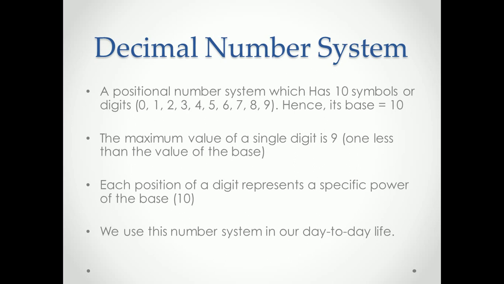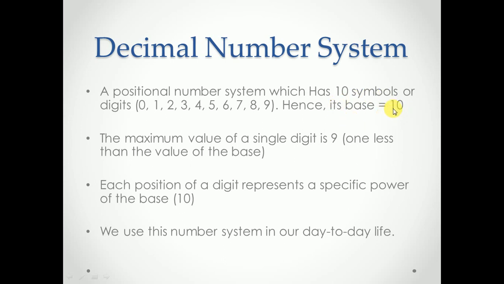First, we will see what the decimal number system is. We use it in our day-to-day life for writing numbers. It includes 10 symbols: 0, 1, 2, 3, 4, 5, 6, 7, 8, 9. So there are 10 digits.